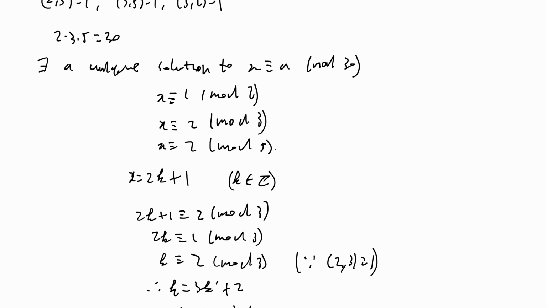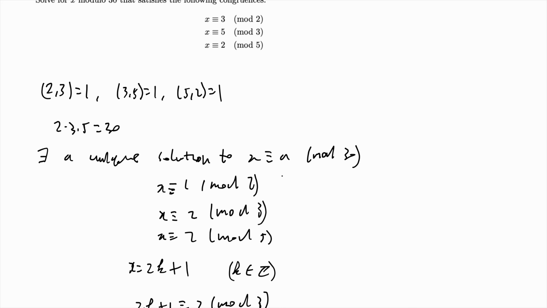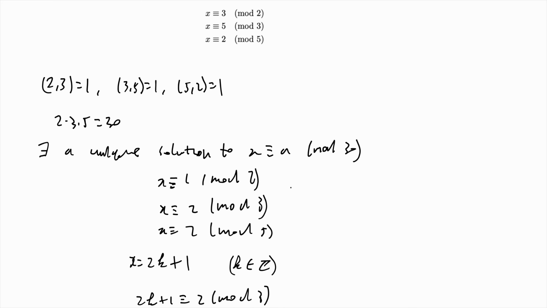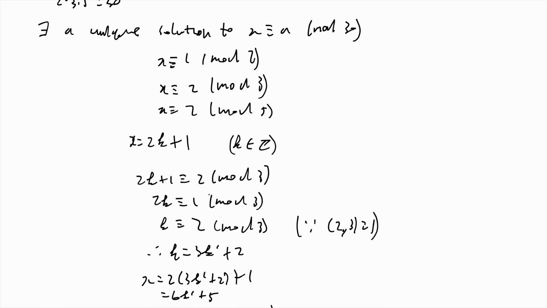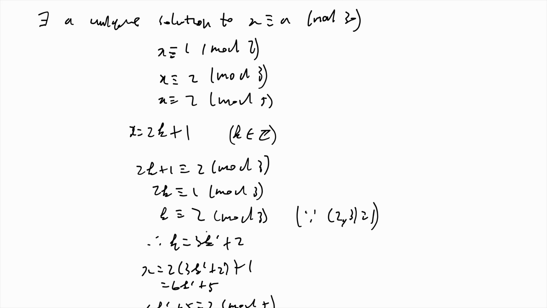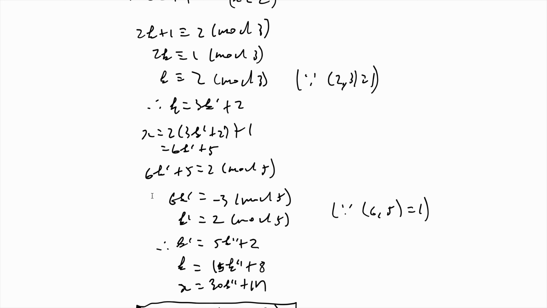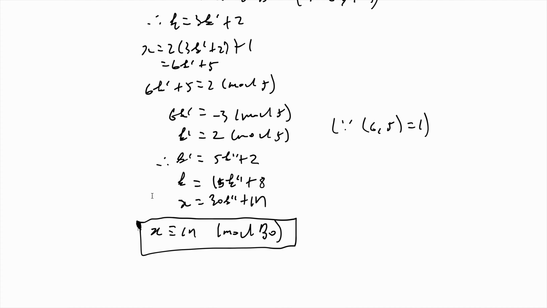The reason there's no error here is that by the Chinese remainder theorem, we know this is the unique solution. We also used our first condition, and we used the second condition to narrow down our x values, and then we also used our third one, so we used everything.